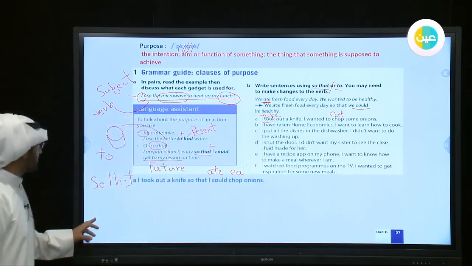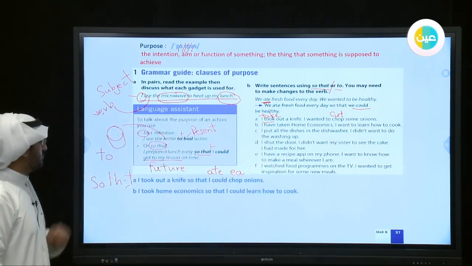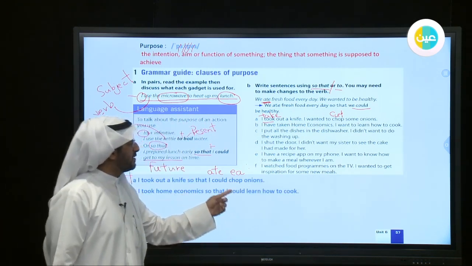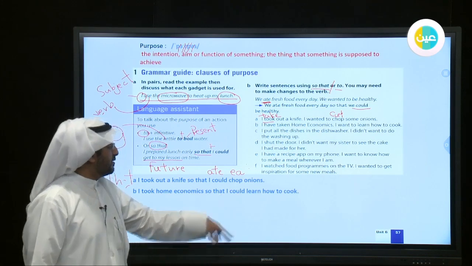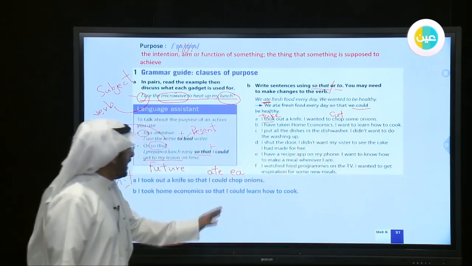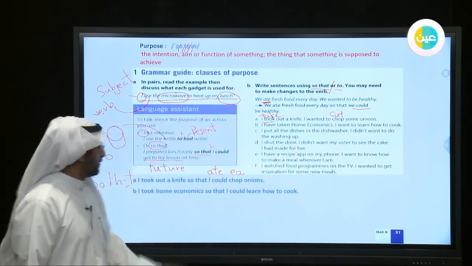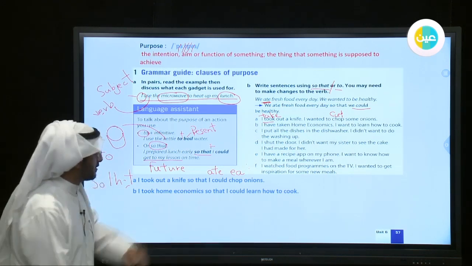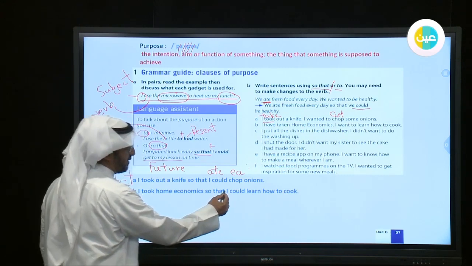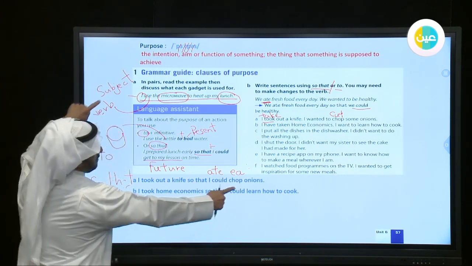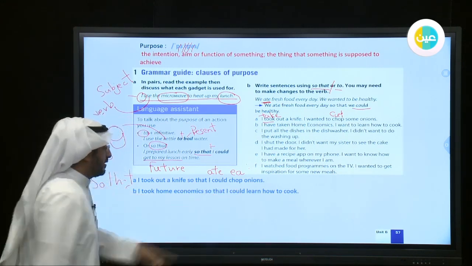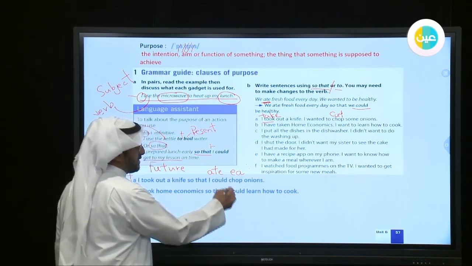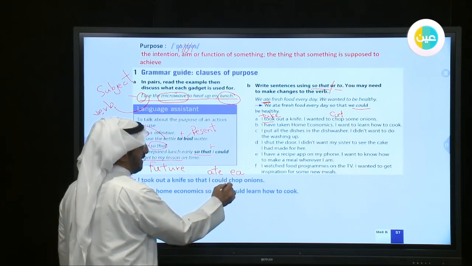Check answer: I took home economics so that I could learn how to cook. Could is past. What's the present of could? Can.